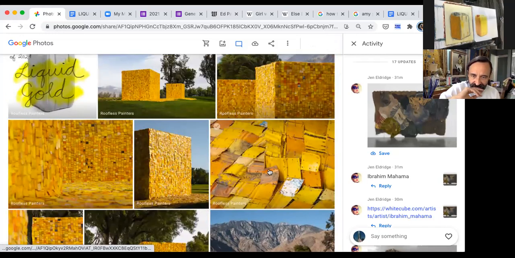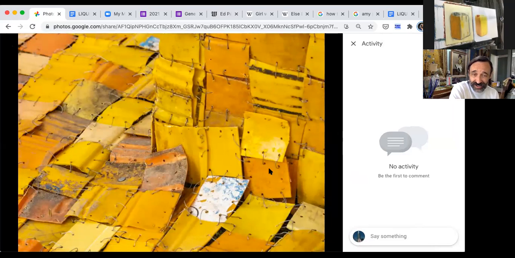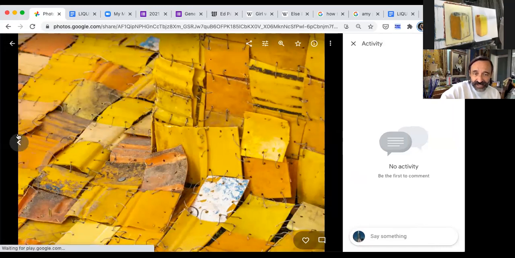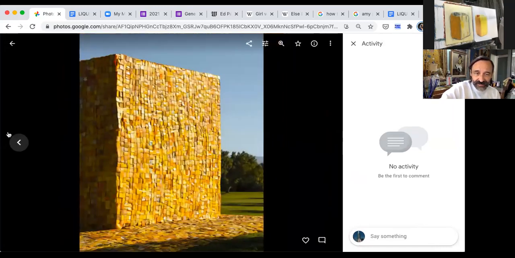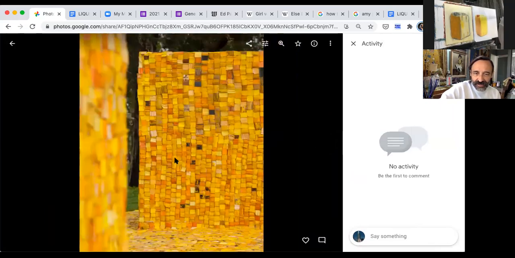I just love the fact that up close this looks so rugged. The pieces are garbage, just plastic pieces. But from a distance it creates this beautiful, interesting surface or tapestry. Check out the different yellows here.